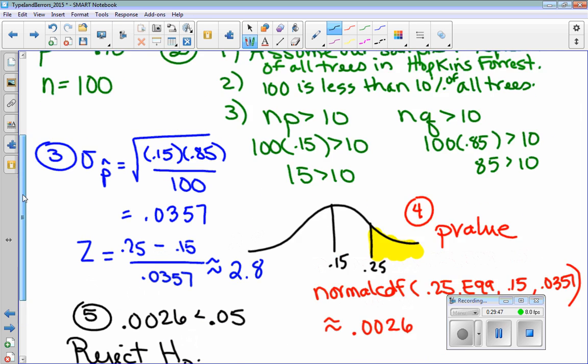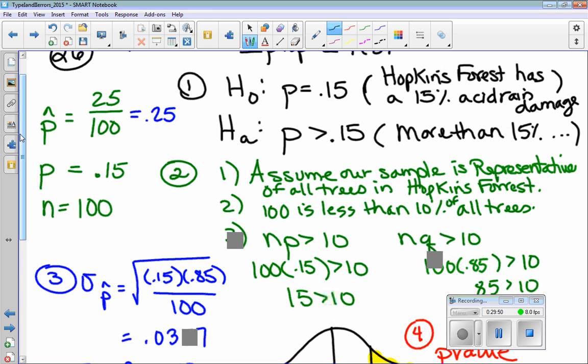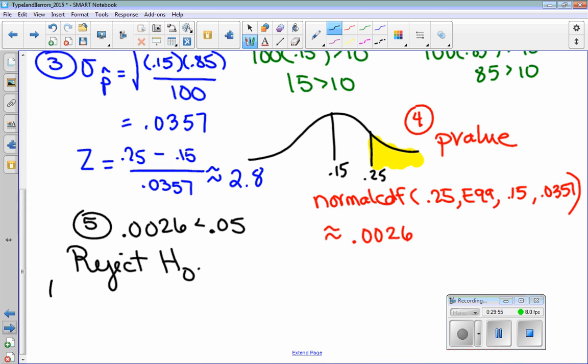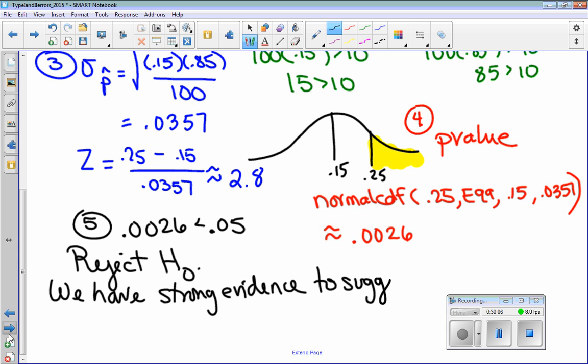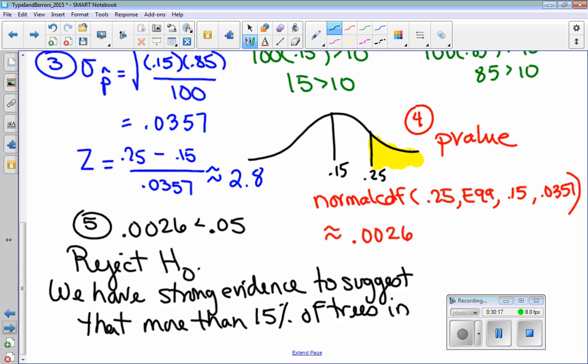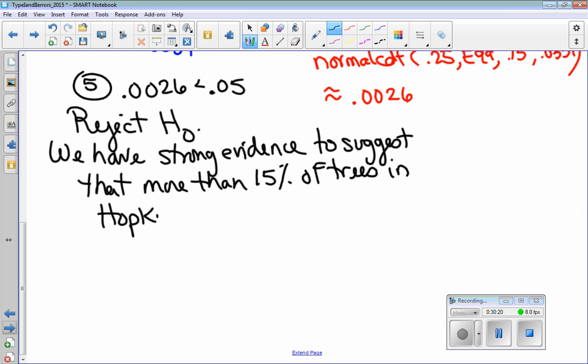Okay, so we have relatively strong evidence to suggest that more than 15% of trees at the Hopkins forest are damaged by acid rain.